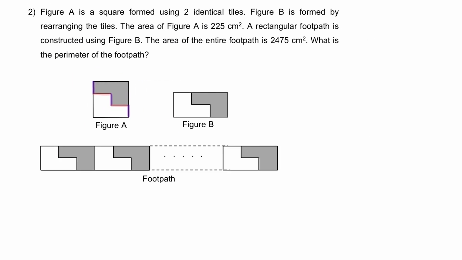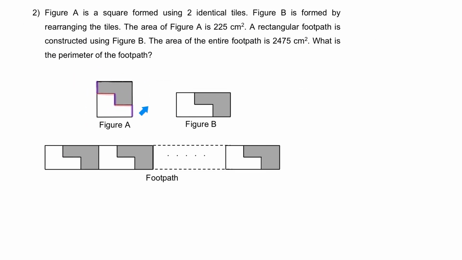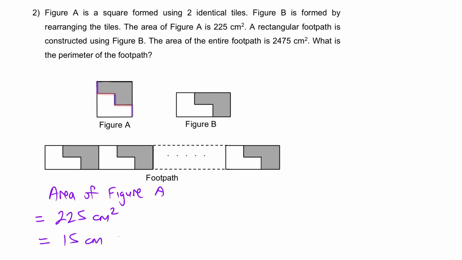Okay. We know that this is a square and the area is 225. Hence, what is the length? We can write our first working. Area of figure A is equal to 225 cm square, which is 15 times 15, isn't it?